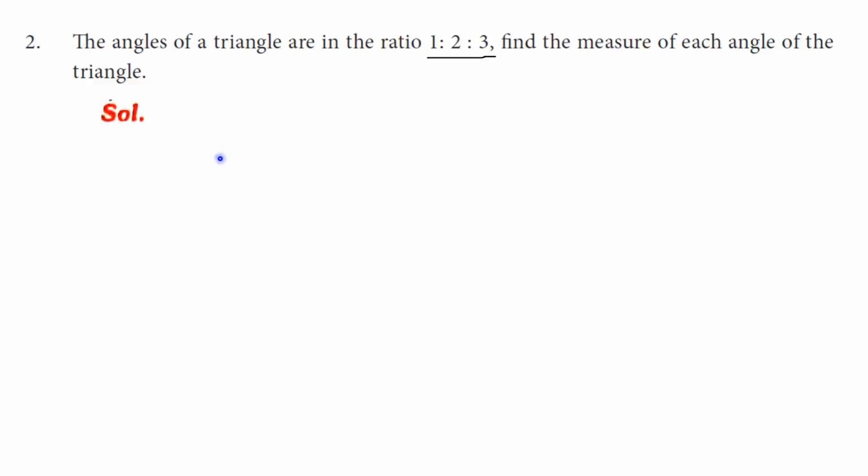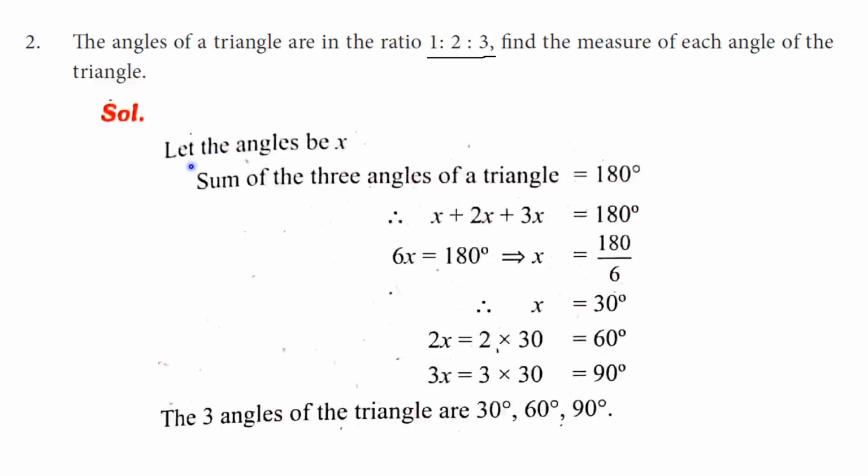Let us see the solution. Now let us take the angles to be x. So that ratio becomes 1 into x as x, 2 into x as another angle, 3 into x as the third angle. Since we know the sum of the three angles of a triangle is 180 degrees, that is x plus 2x plus 3x equals 180 degrees. So what is the answer for x plus 2x plus 3x?